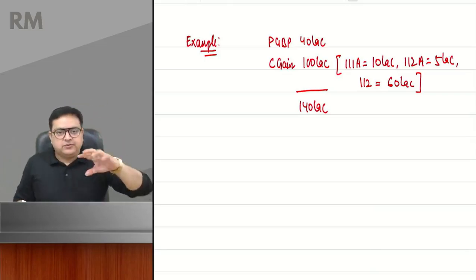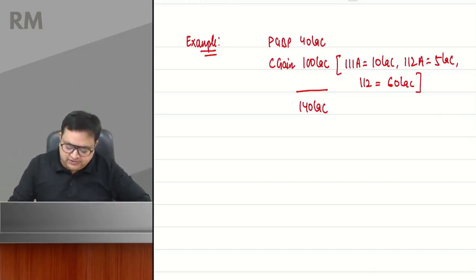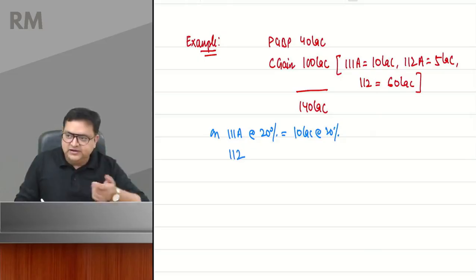Now you know, I've already told you in the first lecture, first what you should start with is 111A, at a rate of 20%. How much was 111A? 10 lakh. Then 112, long-term capital gain.